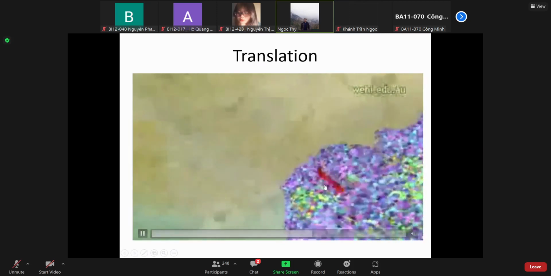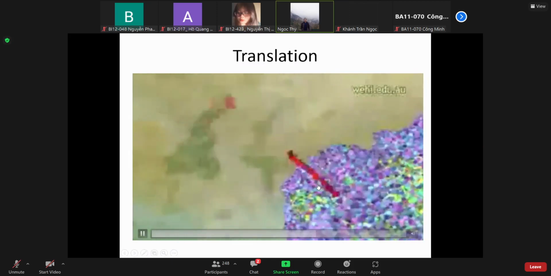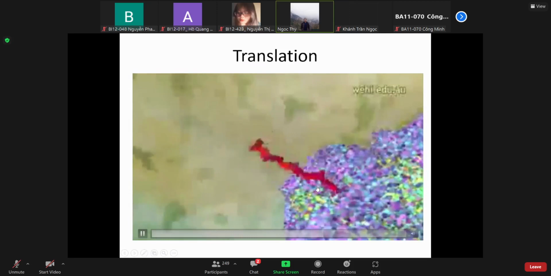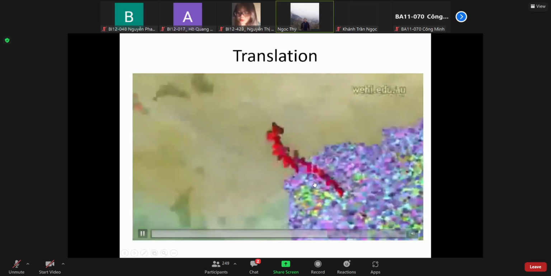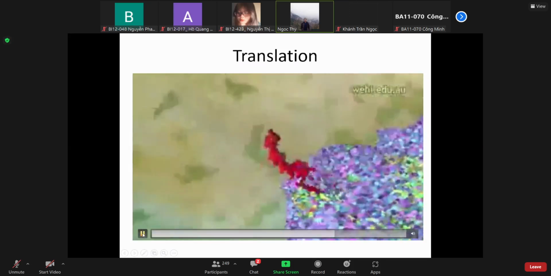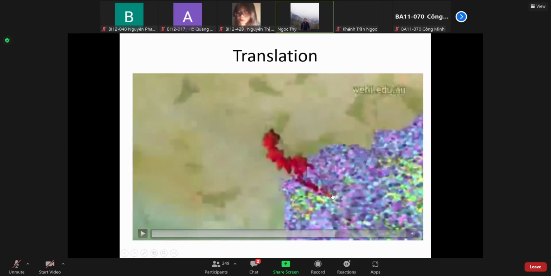So the polypeptide here. As soon as the polypeptide is being synthesized, it starts to go through post-translation modification to form the 3D shape of the protein.